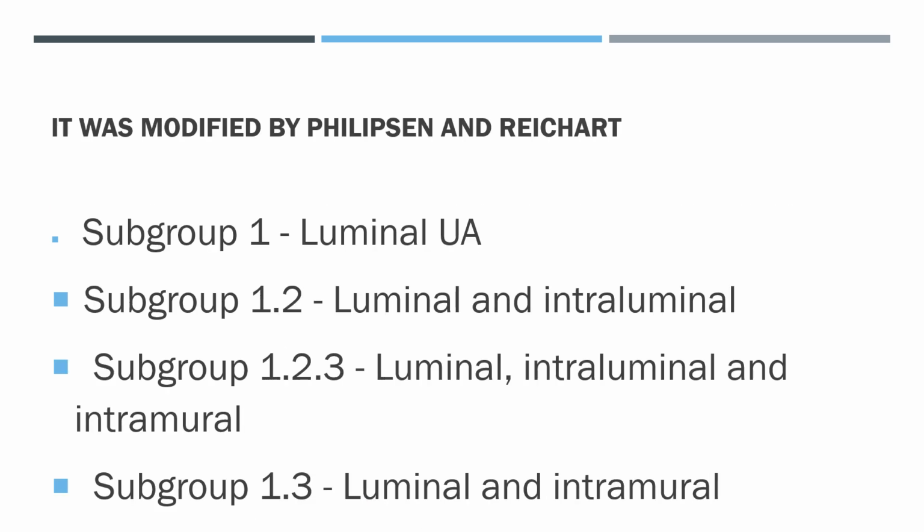So this classification was given by Ackerman, and it was modified by Philipson and Richard as subgroup 1, which is luminal unicystic ameloblastoma; subgroup 1 and 2, which involves both luminal and intraluminal unicystic ameloblastoma; subgroup 3 includes all three: luminal, intraluminal, and intramural. Subgroup 4, that is 1 and 3, includes luminal and intramural unicystic ameloblastoma.